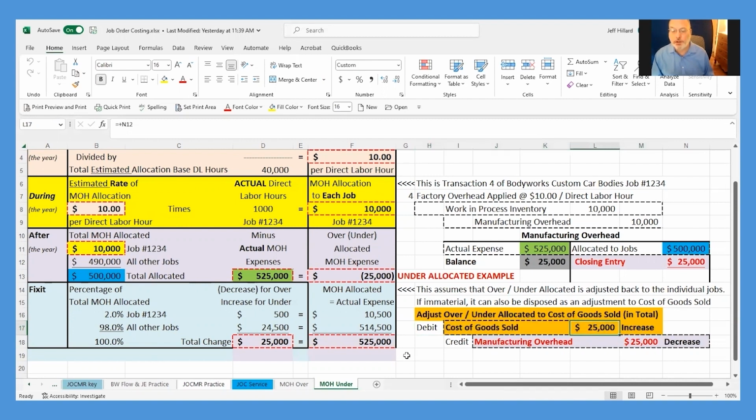Increase cost of goods sold with a debit, and credit manufacturing overhead as a closing entry. Again, that's only if it's immaterial. If it is a large amount as a percentage of the total, then we would go back and adjust the jobs down and close it out in that way.